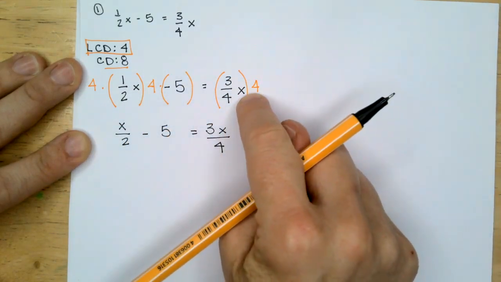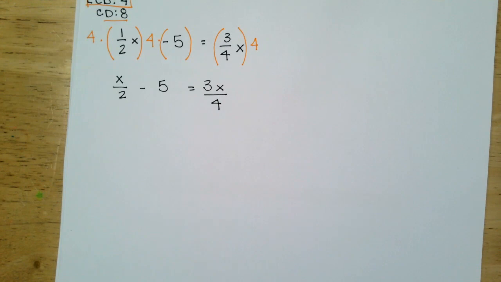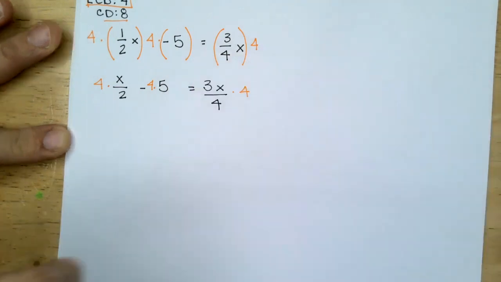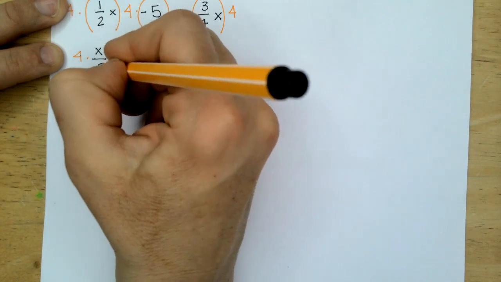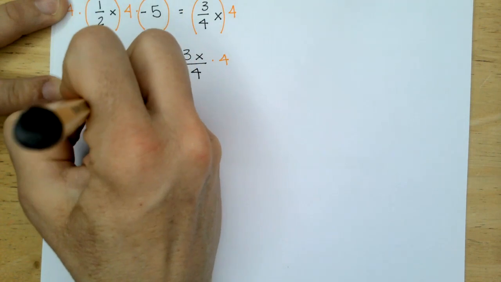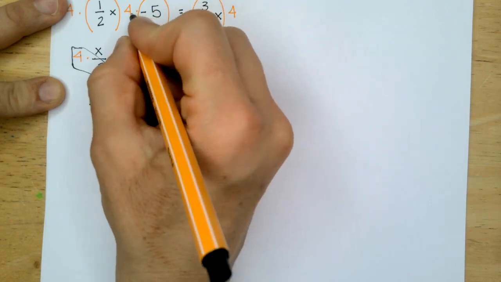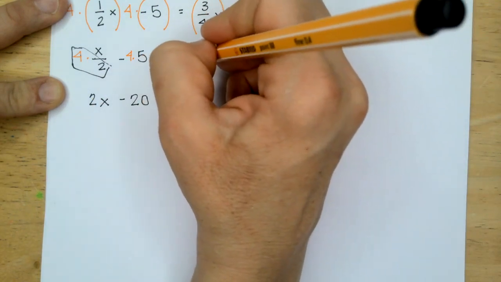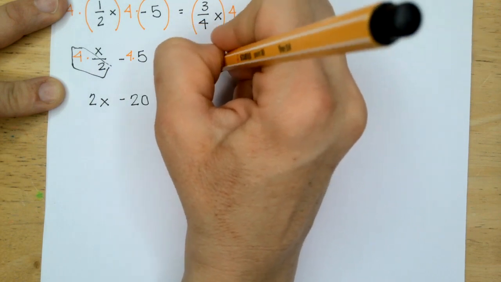All right. That x behind the number is the same as the x being in the numerator. So I'm going to multiply that by 4, multiply that by 4, multiply that by 4. 4 divided by 2 is 2. -5 times 4 is -20. 3 times x times 4 divided by 4, they just completely cancel, right?